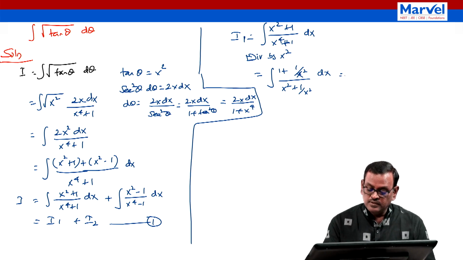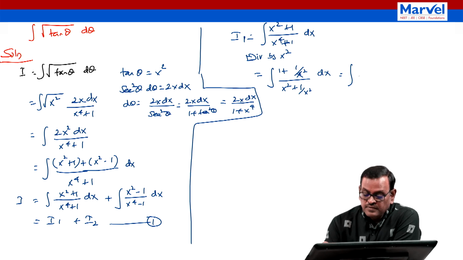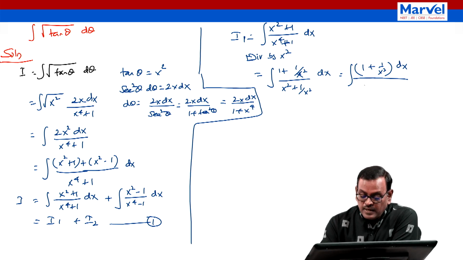Now which is equal to, already we discussed, numerator is positive sign, denominator is in terms of negative. So 1 plus 1 by x square dx by what? x minus 1 by x the whole square plus 2.